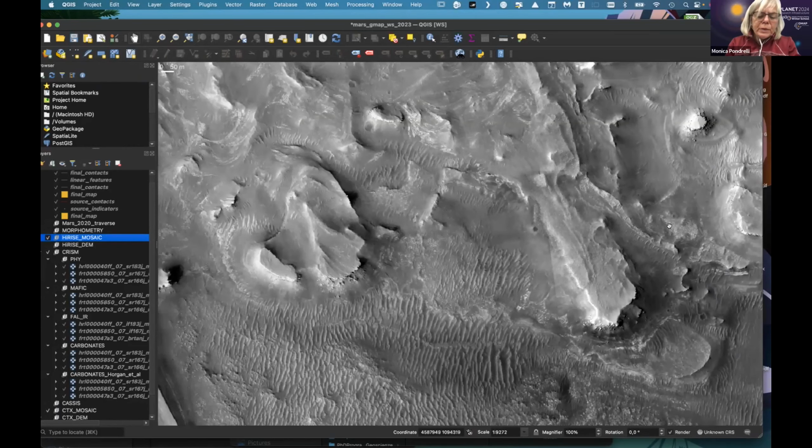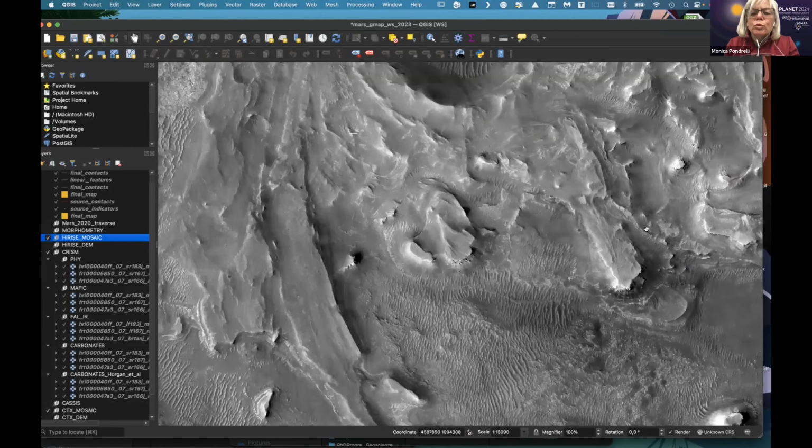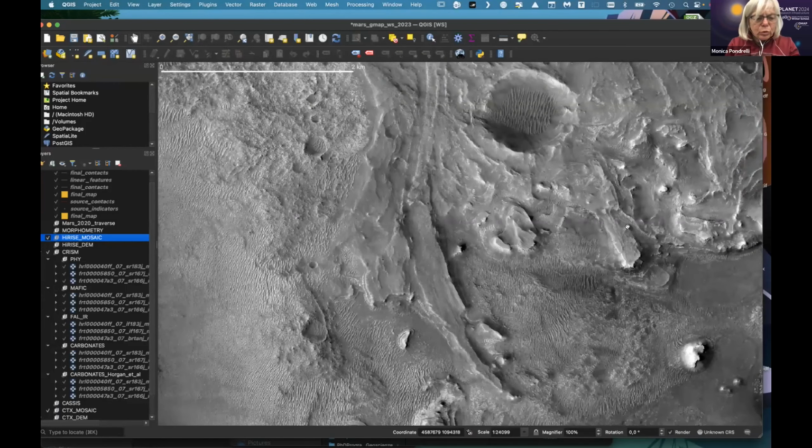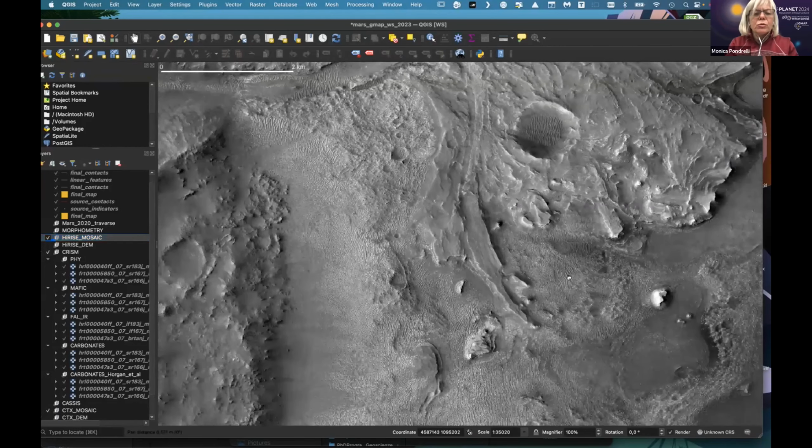So this data will be useful to describe your unit and, together with CRISM data, to better enter the science interpretation, and of course the stratigraphic relations.